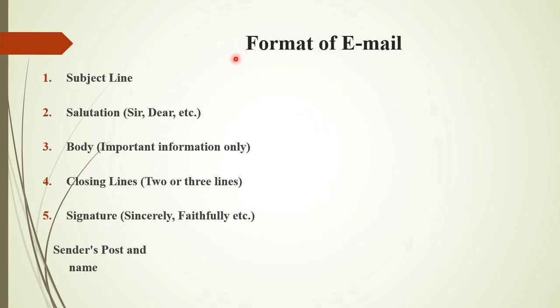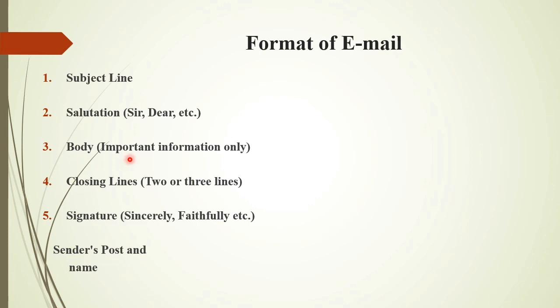Now, let us take up the format of email, how we are going to make its format. It is divided into certain parts. Number one, it has a subject line. Here we have to write the subject. The second part is salutation. Here we write our salutation by using words like sir, dear, etc. Then comes the body.